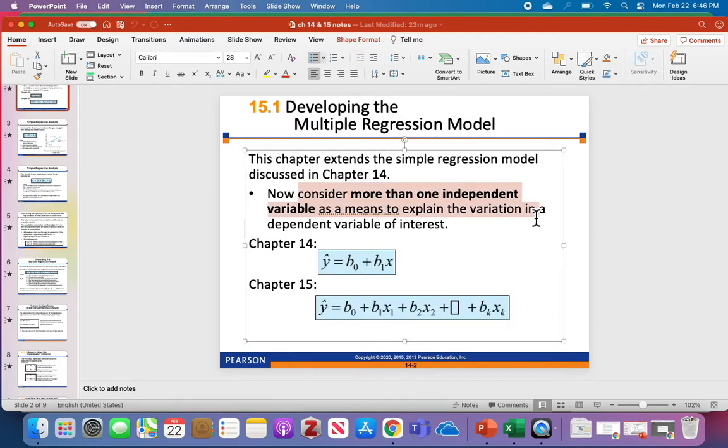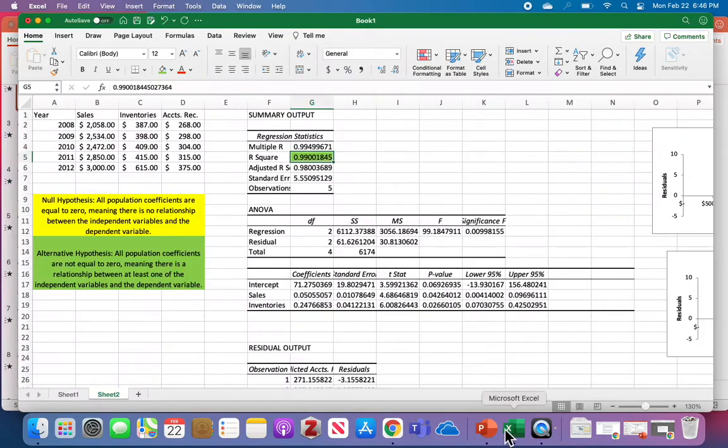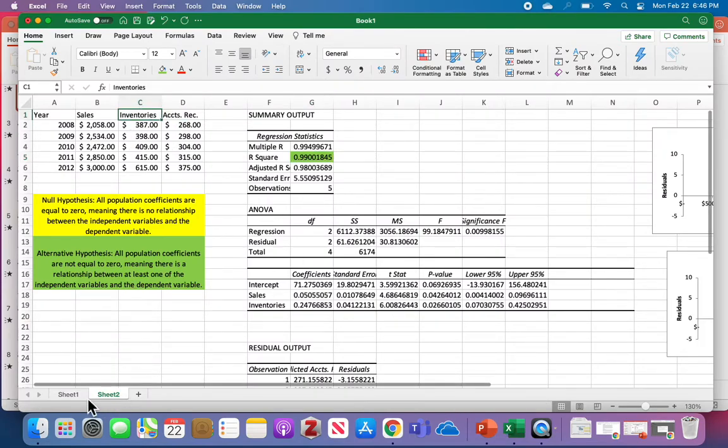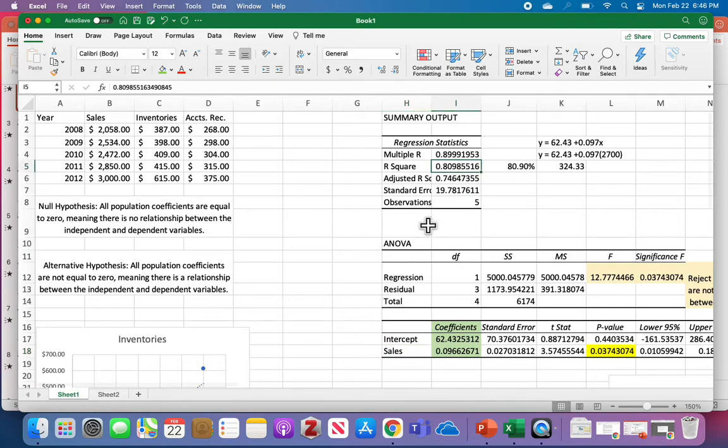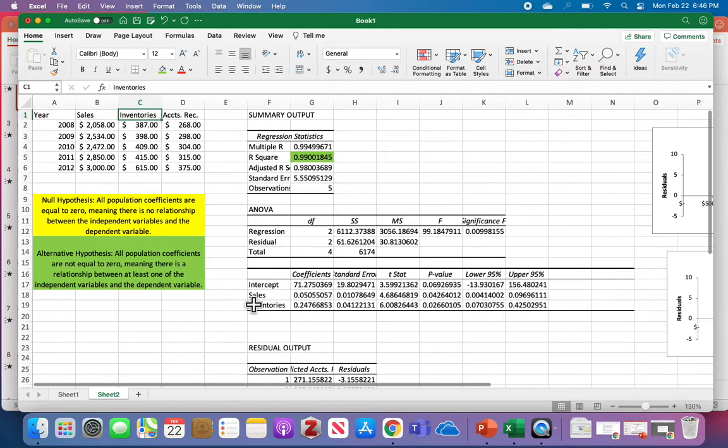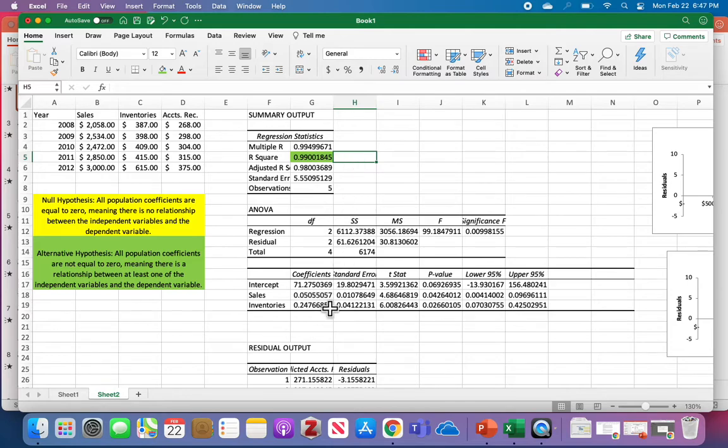We consider more than one independent variable to try to explain the variation in the dependent variable. So when we added that second variable of inventories, our R squared jumped up about 19%, because now we're at about 99%. So that's a much better model.